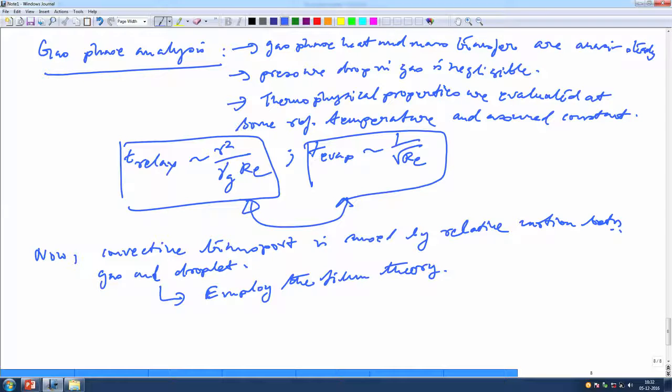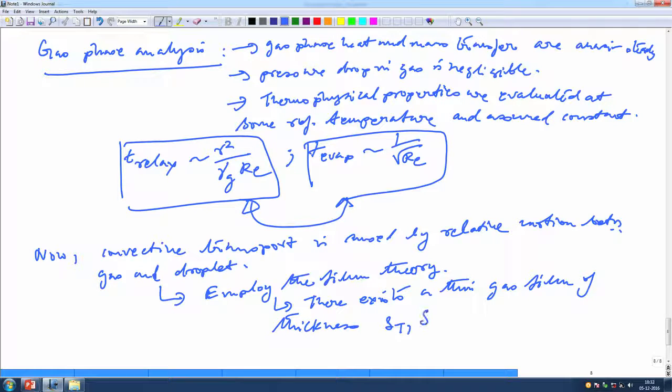So, this assumes that the resistance to heat and mass transfer between the surface and the gas may be modeled as gas films of constant thickness. So, this is basically a boundary layer concept, right. So, there what we mean is that there exists a thin gas film of thickness delta_T and delta_M.